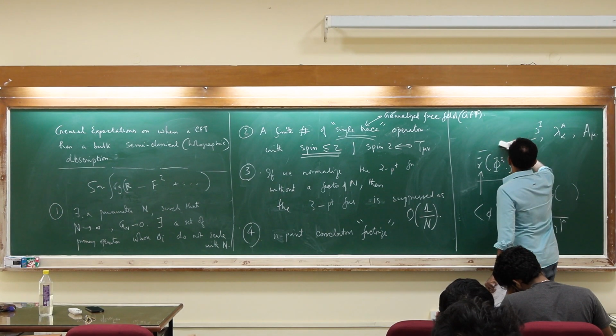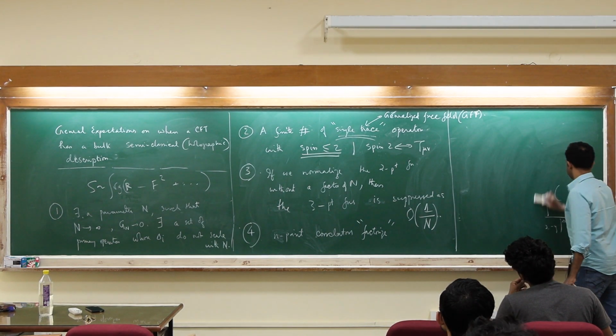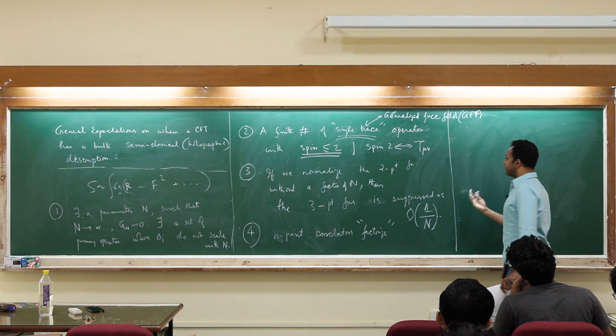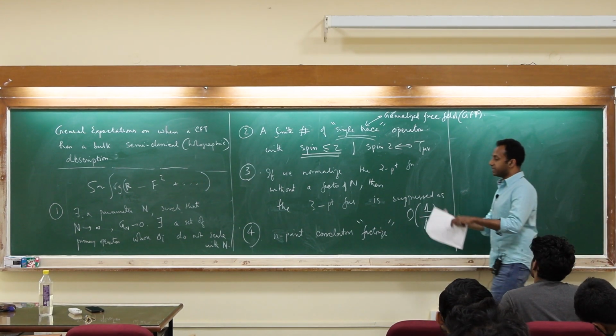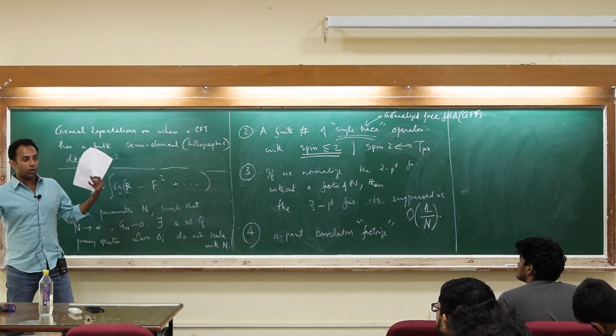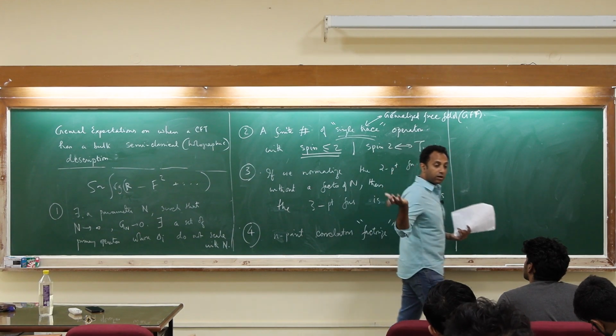The final statement I'll make, which is again a general observation, is that that's exactly what factorization means. Wick's theorem says that if you take an odd number of operators, the correlator will basically give you 0, up to order 1 over n corrections.